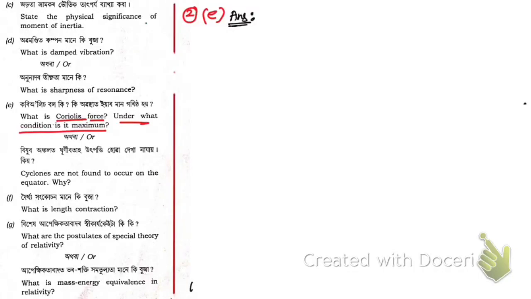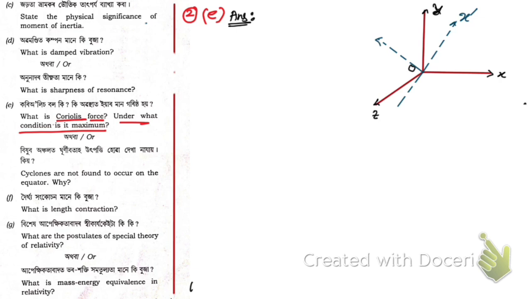Let us suppose we have two frames of reference in space. Let me show you now. So this is one with origin O, and this is the x-axis, y-axis, and z-axis, right? So let me take another frame of reference, just wait. And another frame is x dash, y dash, and z dash. Okay, and the origin is the same.